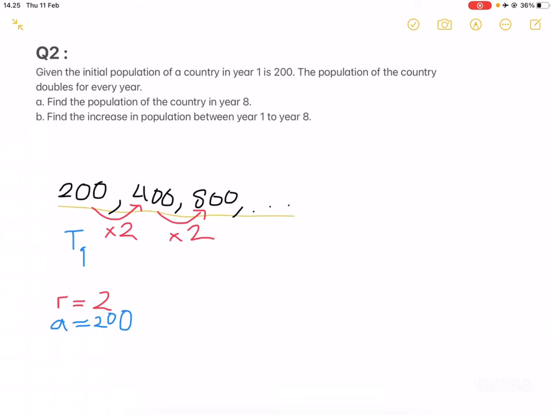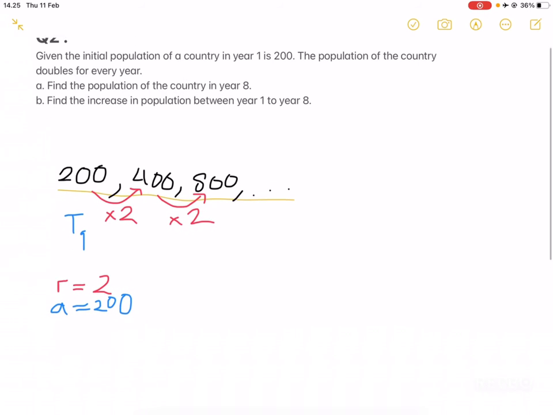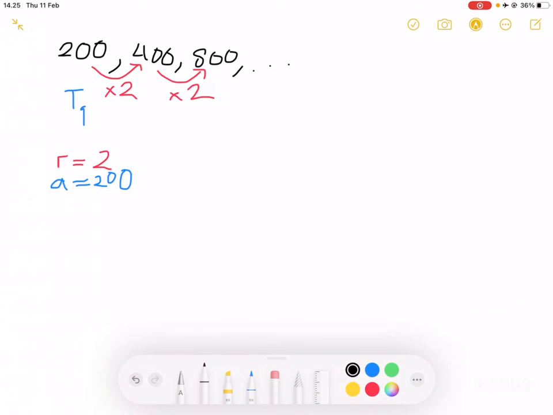Alright, from this information we can calculate the population of the country in year 8. But first we need to write the general form of this.